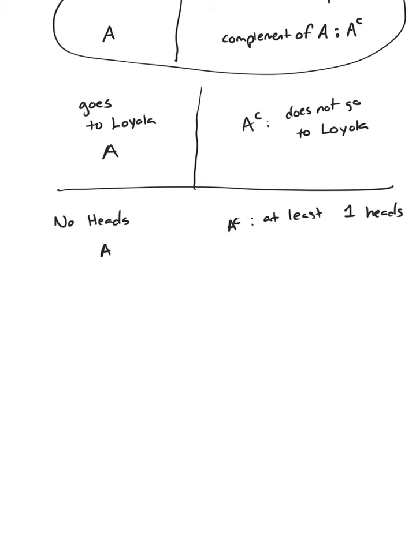To really see this, let's go ahead and list that sample space again. The sample space for flipping a coin 2 times was heads, heads, heads, tails, tails, heads, and tails, tails. Now, if I'm looking at the idea of having no heads here, that includes any of these events that don't have any heads in them, which would be just this one right here, tails, tails.